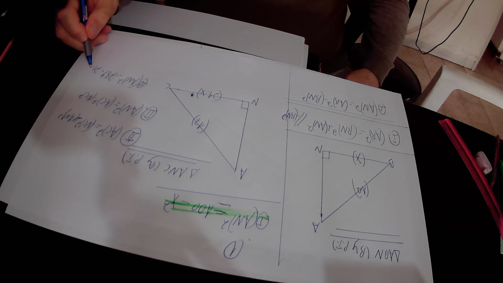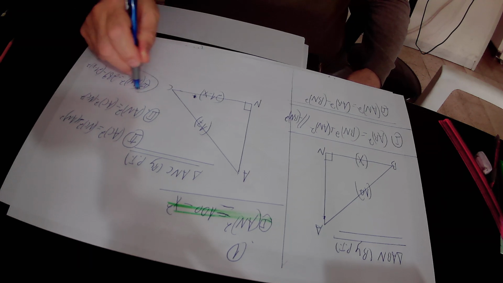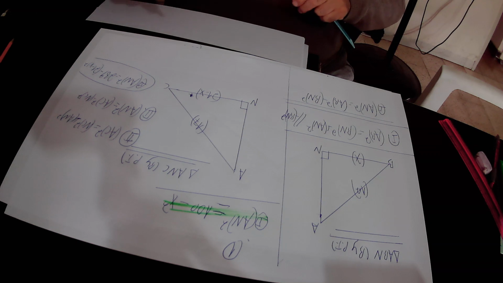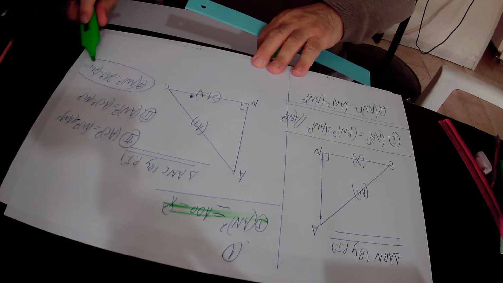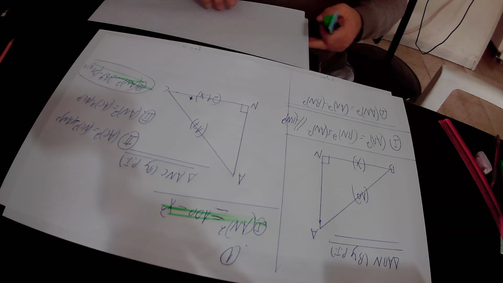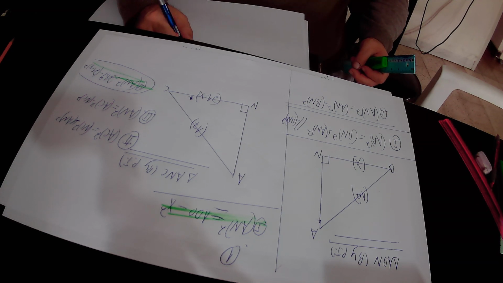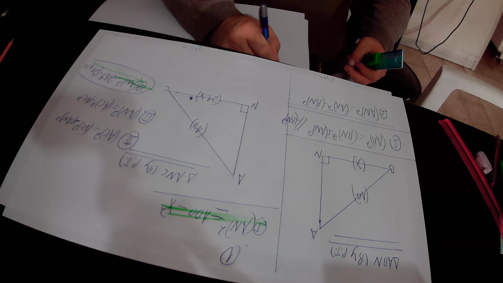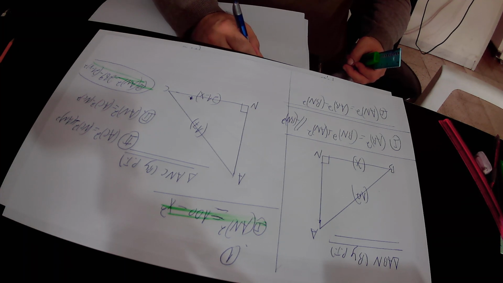So according to equation 2, we found out that AN squared equals 289 minus 21 minus x squared.